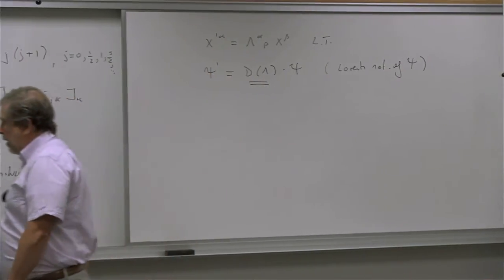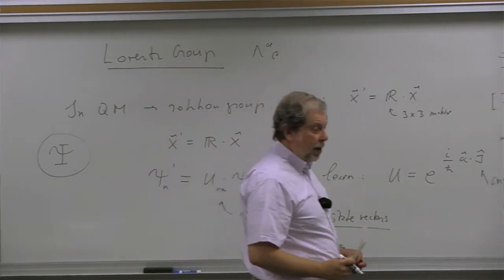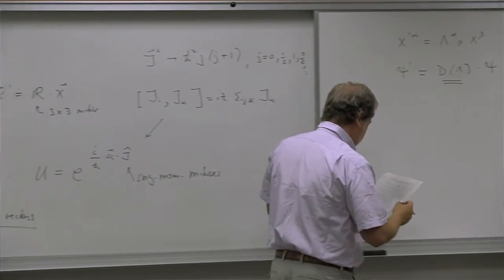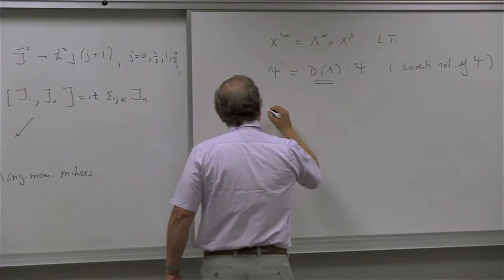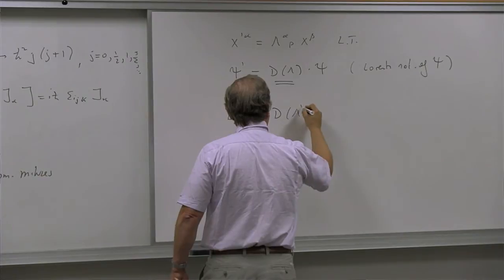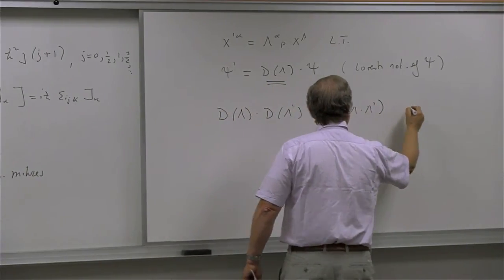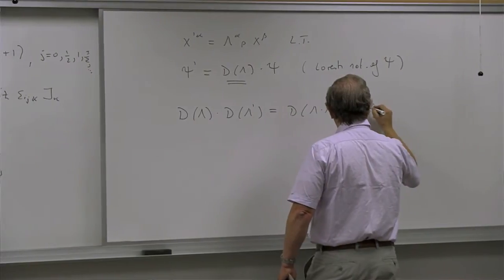So this D(Lambda) is like the U here. It's called the D matrices. And so we know that they should form a group, so D(Lambda) times D(Lambda prime) should be the same as D(Lambda times Lambda prime). It should be a group.